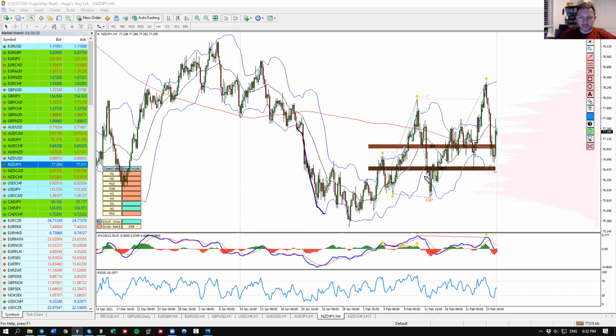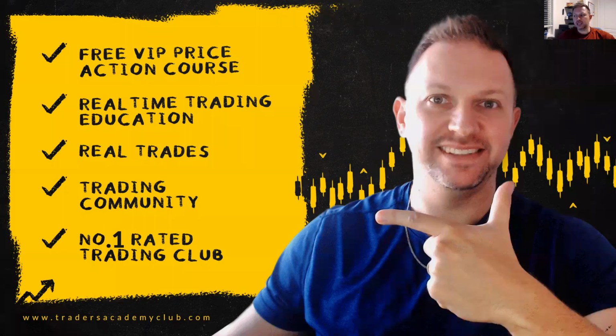So with the hidden divergence being created, this is the opportunity for us. As you can see, higher lows on the chart, lower lows on the MACD, and we tick upside. This is a trending condition to continue with the ongoing trend or the developing trend. So these are the 5 ways. Of course, there are many more ways to use the MACD, but these are the 5 ways that I consider to be the most accurate.